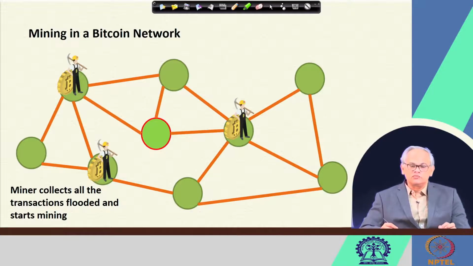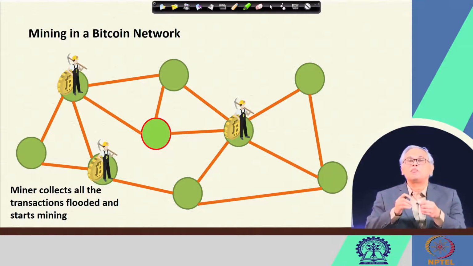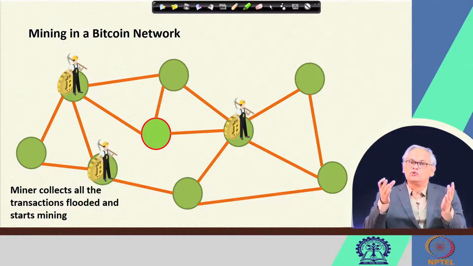Each of these mining nodes collects transactions and starts mining. Mining is the process of including a set of transactions, which, if you remember, means creating the Merkle tree out of those transactions and getting the root hash of the Merkle tree.